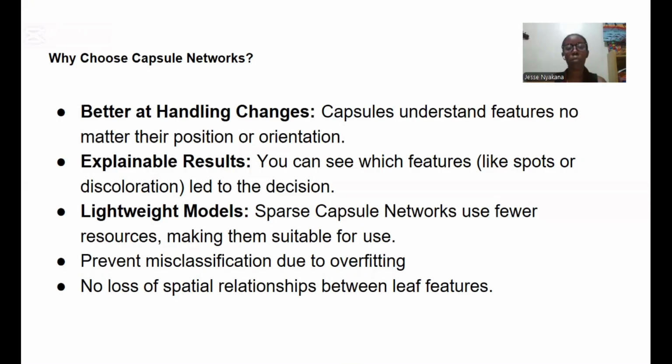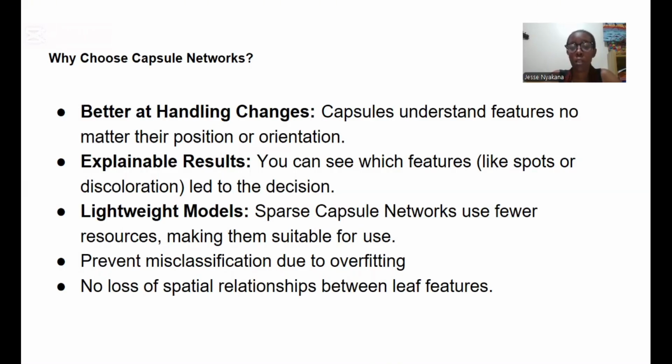The other thing with capsule networks is they are lightweight. Sparse capsule networks use fewer resources because they intentionally reduce the number of capsules in the network, which increases computational efficiency. They also prevent misclassification due to overfitting.